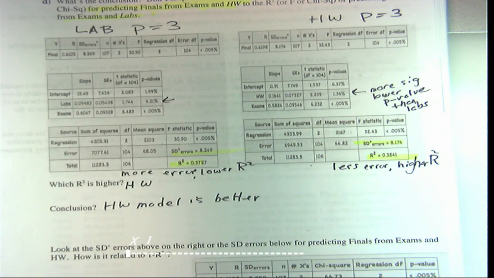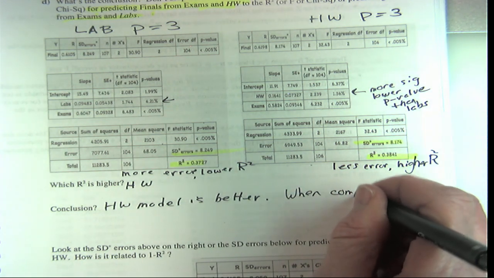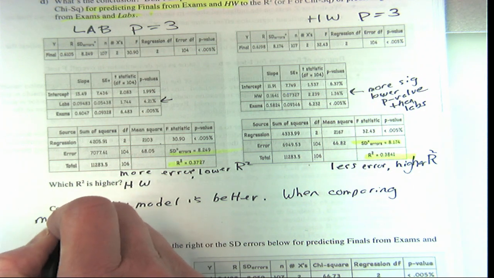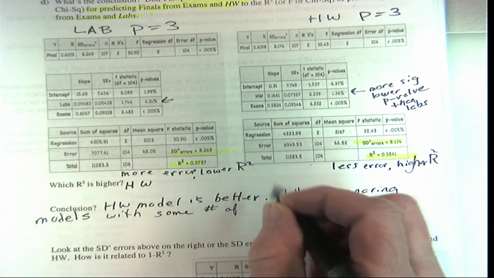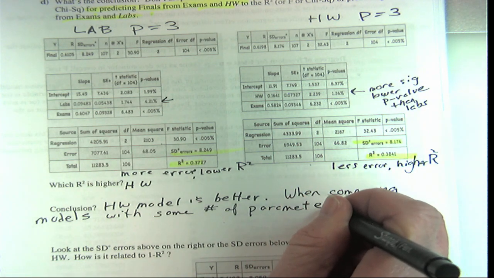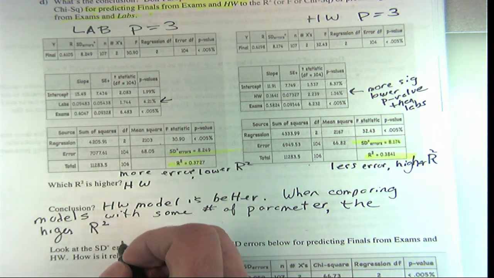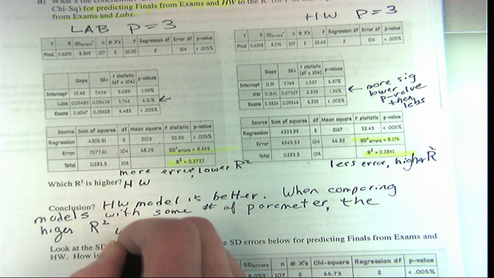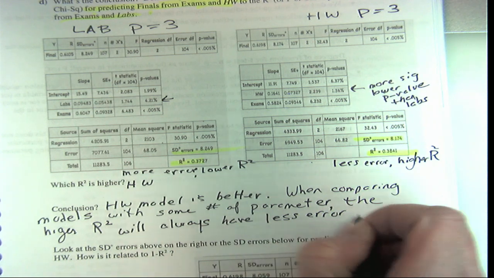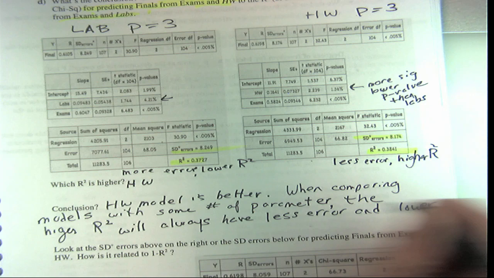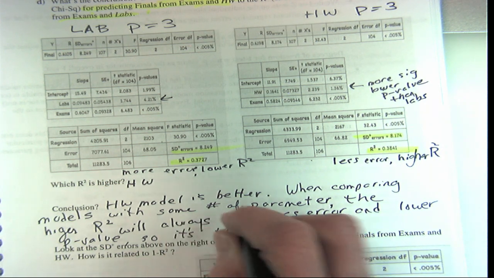Okay, so the homework model is better, and in general, the takeaway is when comparing models with the same number of parameters, like we are here, the higher R squared will always have the lower error. So it's the better model.